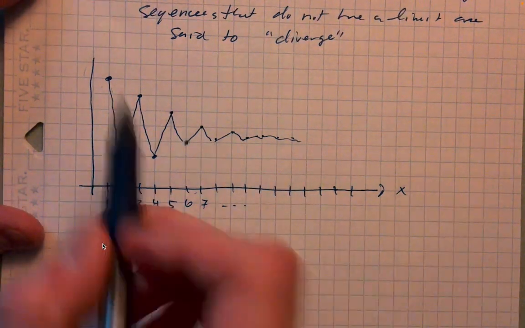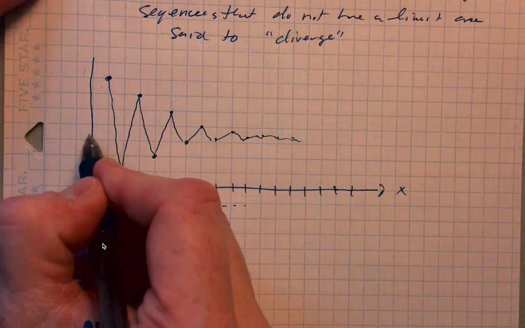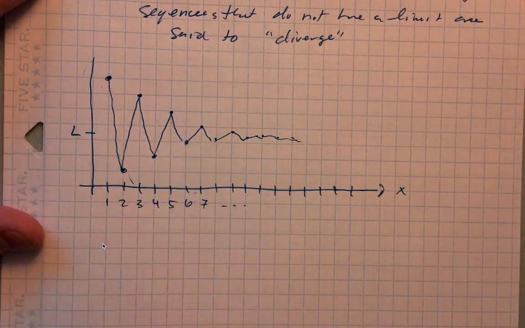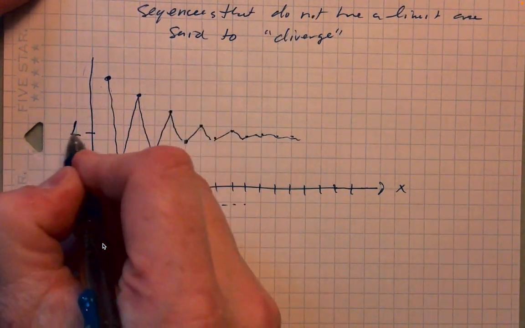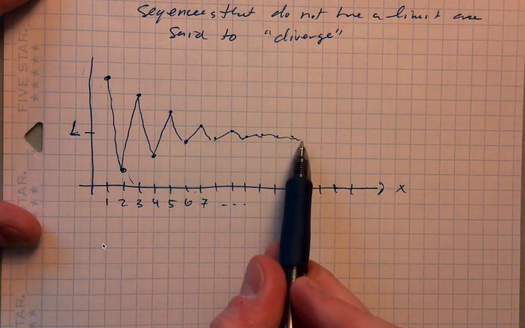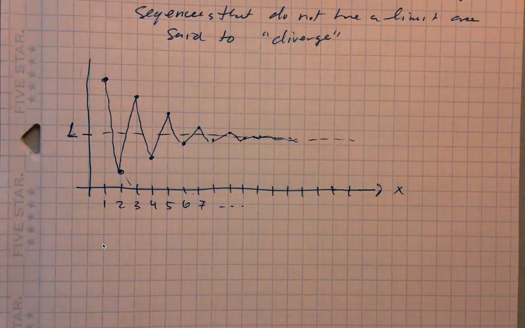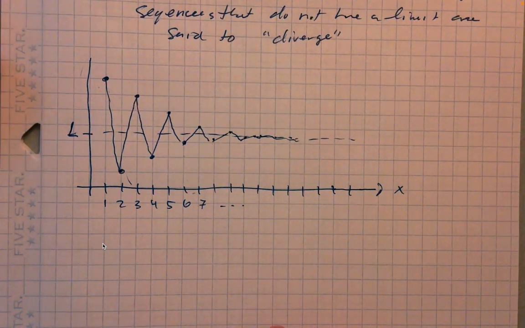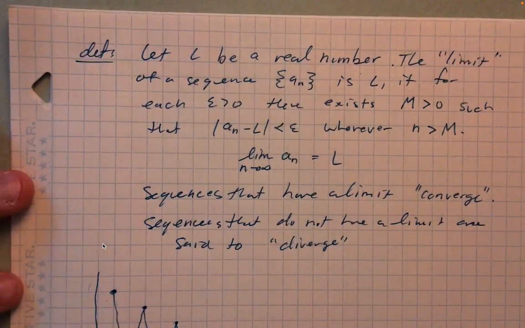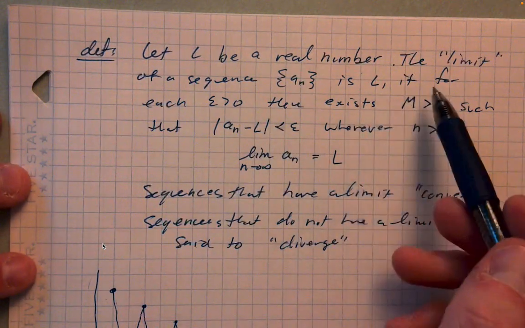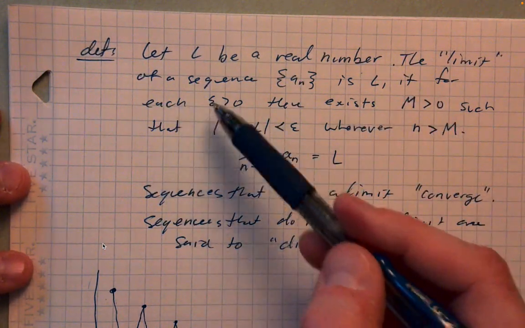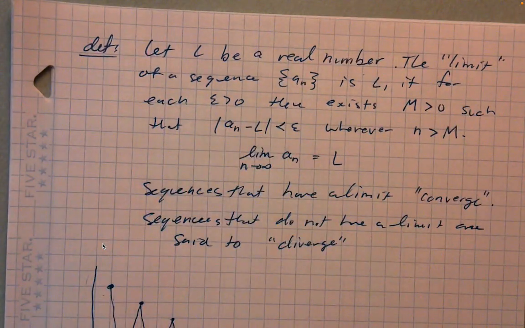Now what this definition says is, here's our limit L. This is what we say the terms are all tending towards. So let me just draw this in here. All right, so that's L. Now what the definition states is that the limit exists if for any epsilon greater than 0, and all we mean by that is any positive number.